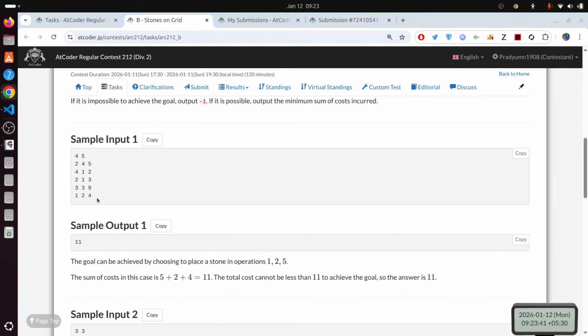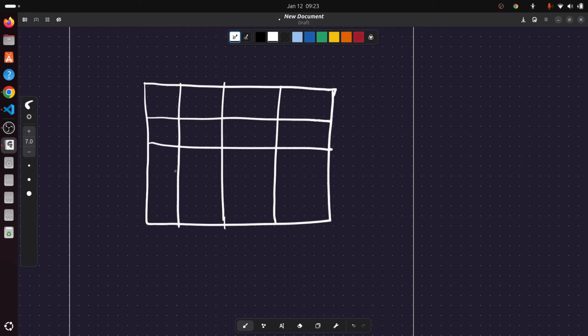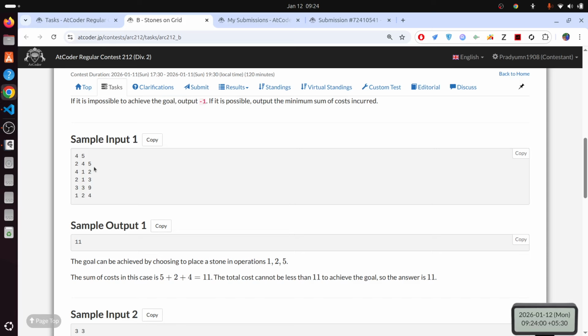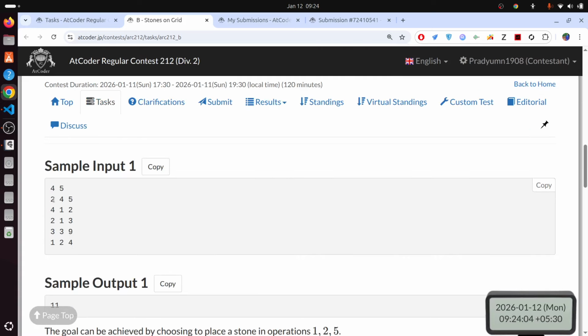So let's say we have a 4 by 4 grid, 1, 2, 3 and 4, and 1, 2, 3 and 4. So let's say we have these 5 options, that is 2, 4, 5, 4, 1, 2, 2, 1, 3, 3, 3, 9 and 1, 2, 4.